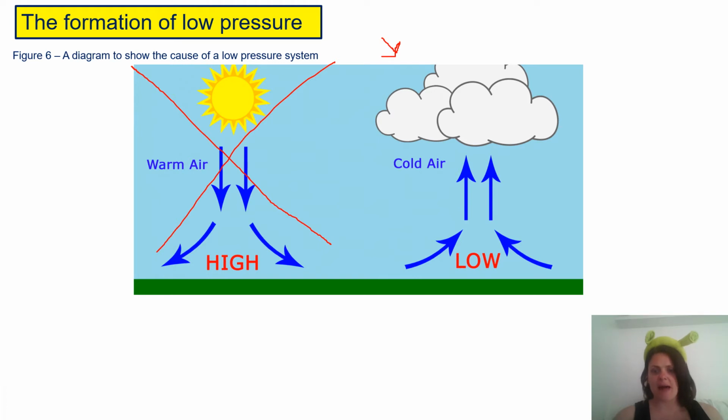Now, if we look back at our key terms from the start of the lesson, we saw that low pressure is when air rises. So when warm air rises, and as it rises, it condenses and cools and then forms clouds.